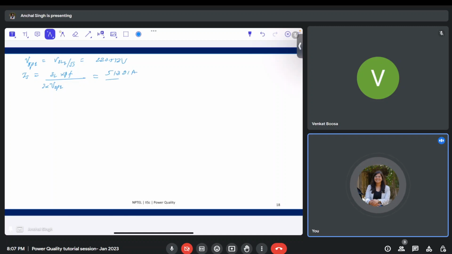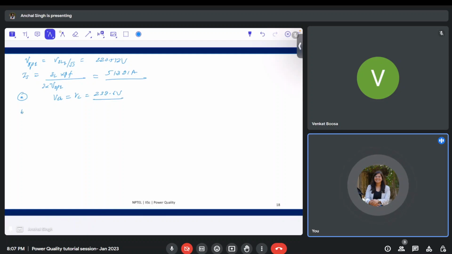Now let us move on to the rating calculations. If you look at the voltage rating of the shunt element, let me directly write it as VSH. The voltage rating of the shunt element will be equal to the load voltage, which is 239.6 per phase in our case.